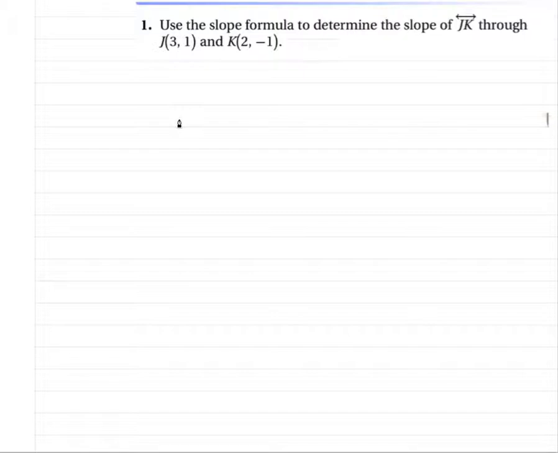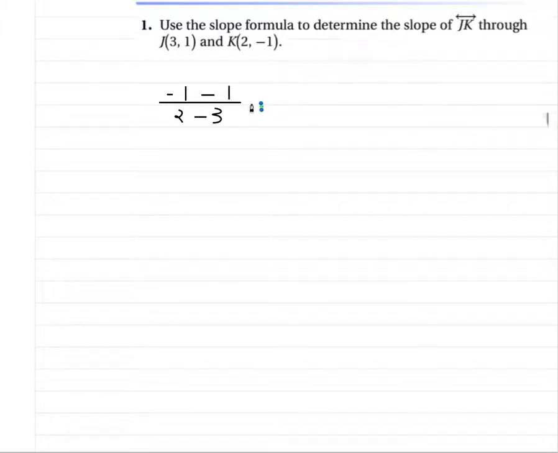If we do this together, remember that the formula is y2 minus y1, so y2 is negative 2, and it's minus, it's negative 1 minus 1, over x2 minus x1, which is 3.